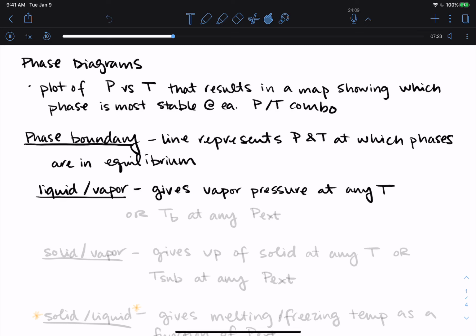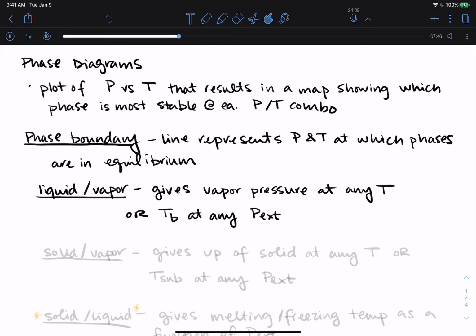Or you could use this line to tell you the boiling temperature at any external pressure. So the pressure that you read, if it's anything other than 1 atmosphere, when you are at that pressure, the corresponding temperature is the temperature at which that liquid would boil.